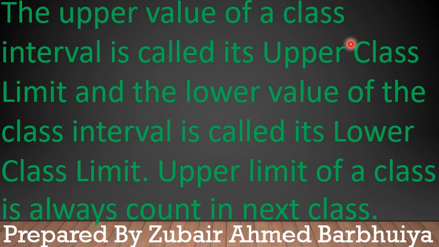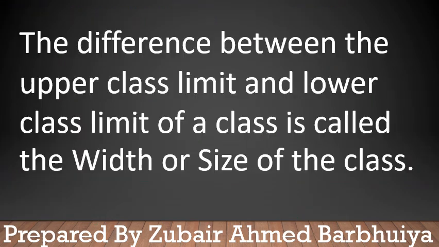The difference between the upper limit and the lower limit of a class is called the width or size of the class. When we subtract the lower limit from the upper limit, we get a difference, and this difference is called the size or width of the class.